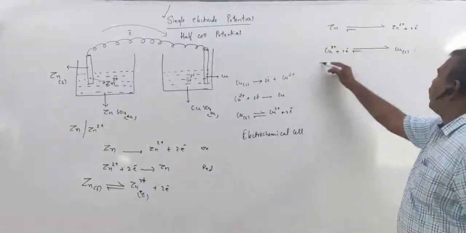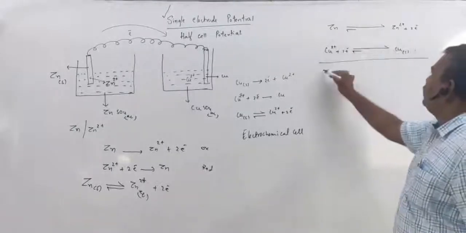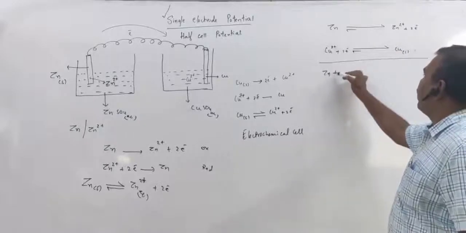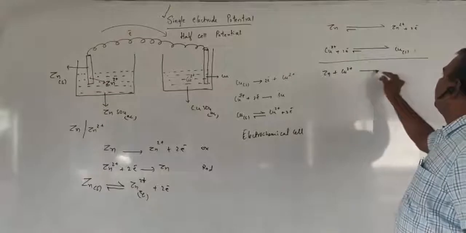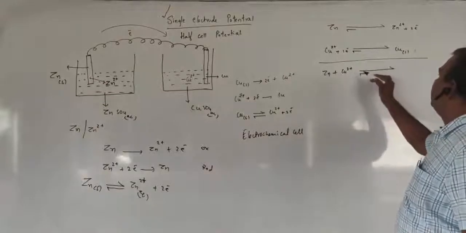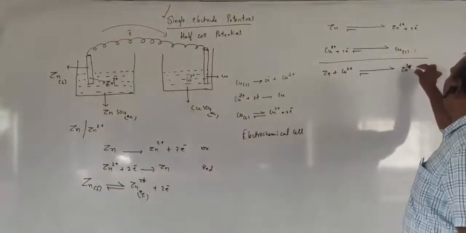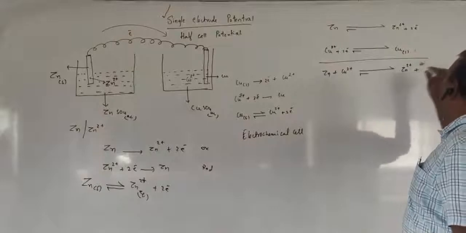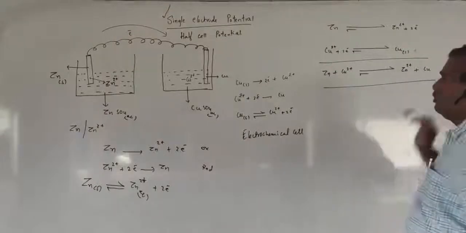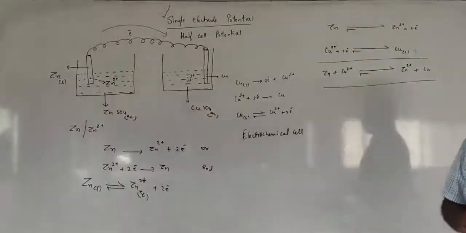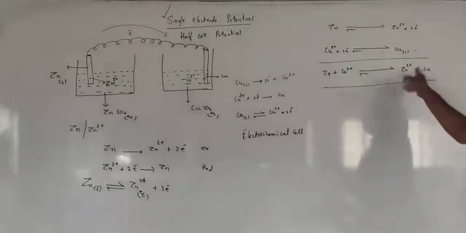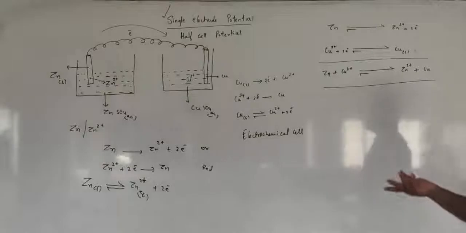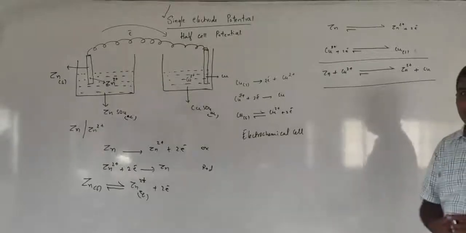Now, what is the overall reaction? Zn plus Cu2+ gives rise to Zn2+ plus Cu. As long as the reaction proceeds to the right-hand side, the cell produces electrical energy.